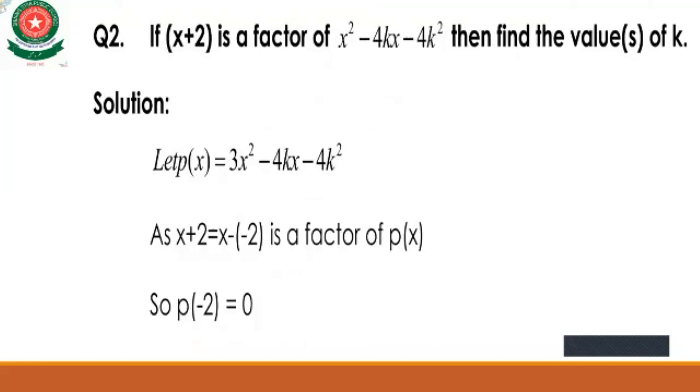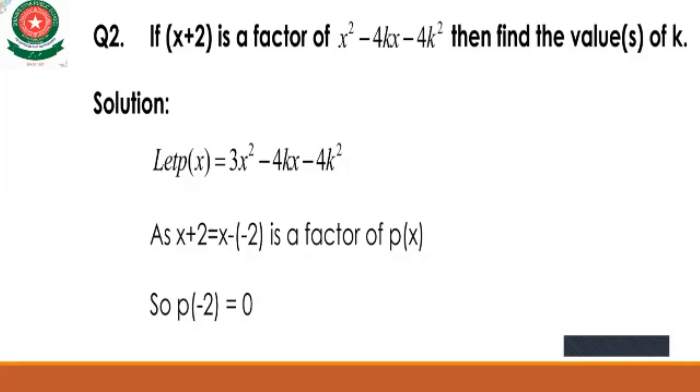As we have discussed in the factor theorem, when any expression is a factor of the polynomial, then the remainder will be 0.